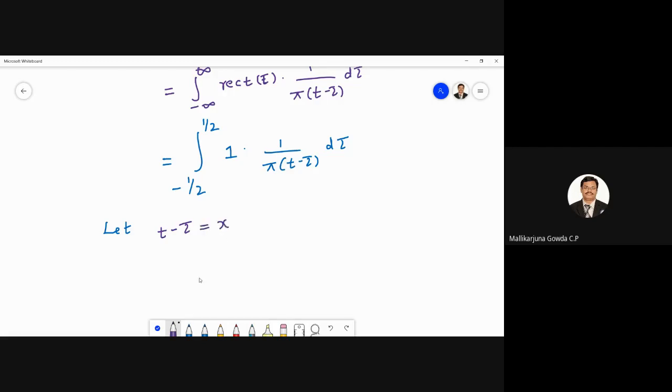I'm just simplifying, keeping t minus tau as x. Then minus d tau will be equal to dx. So I can substitute this in the above equation.